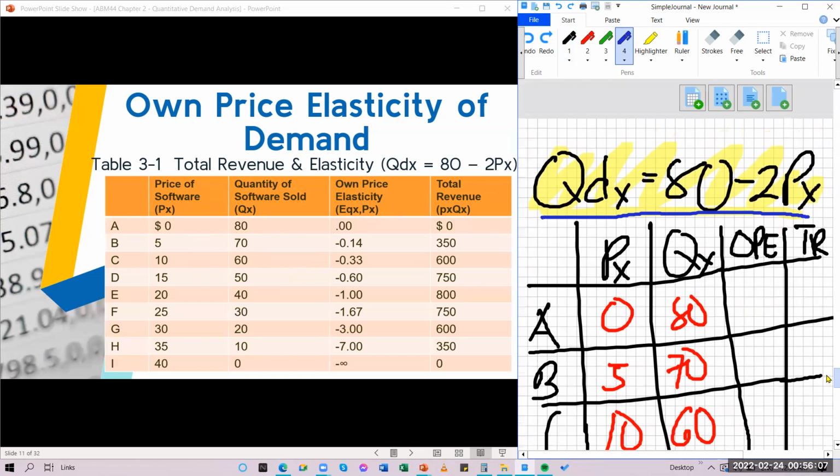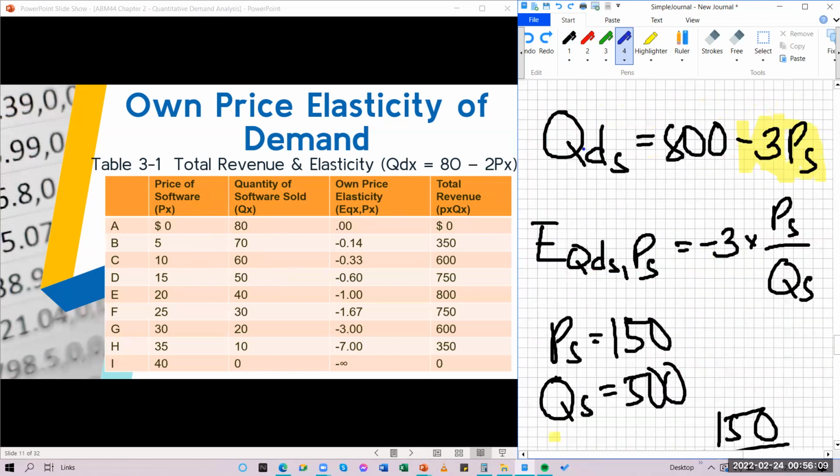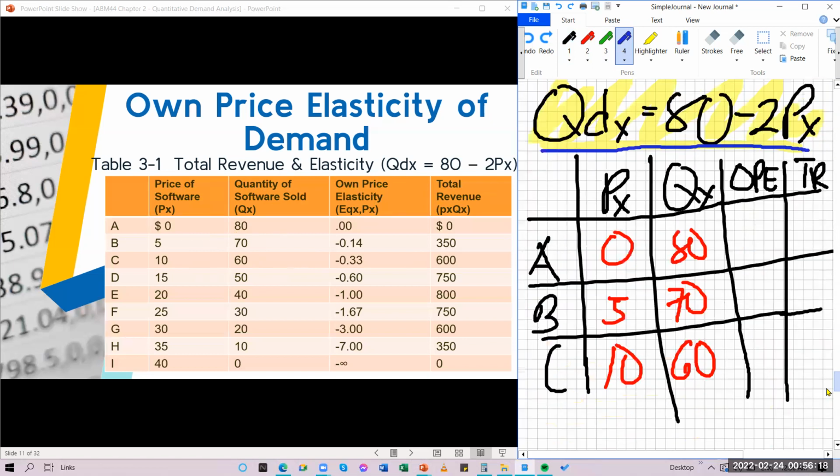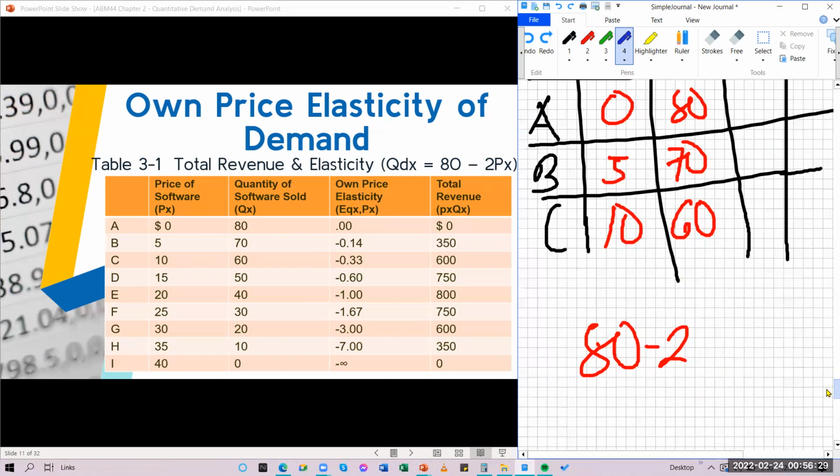As we can recall, earlier we had given this formula, 80 minus 2px. So we will be using this formula too, in order for us to get the own price elasticity of demand. But actually this is more on the elasticity of quantity of X with respect to PX.